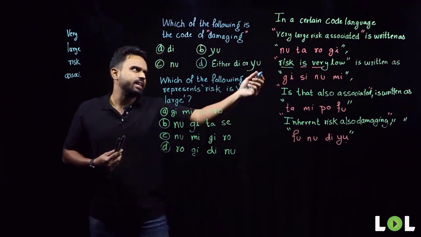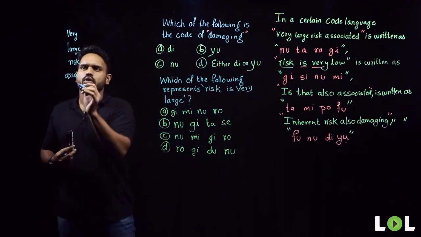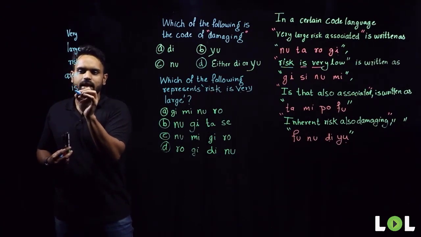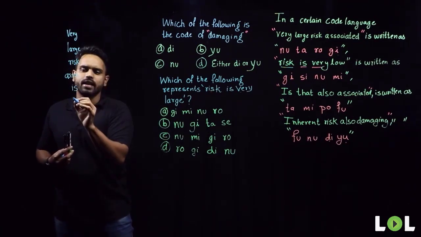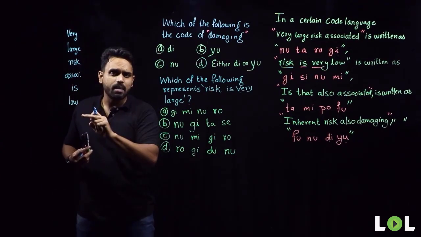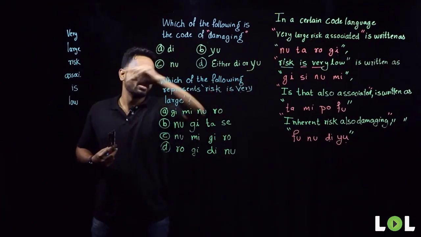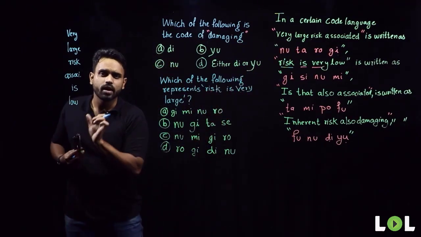Now, next sentence, risk is very low. I've already taken risk here, so I do not have is, so I'll be taking is. Very is already there, so low. In this column, I'll be taking only those words which are not taken here already. Only the new words I'll be putting down under the column.